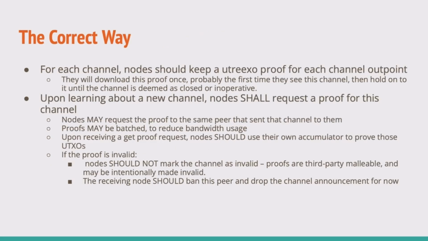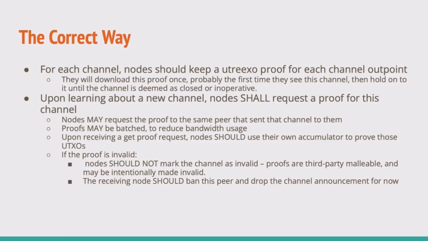The correct way would be that nodes, like Lightning nodes, keep a partial forest. So if you only have some of the UTXOs, you have a partial forest with only UTXOs that represent channel outpoints. So you have, let's say, 20,000 channel outpoints, like UTXOs representing channels. You hold proofs for them in your forest, but nothing else, just them.